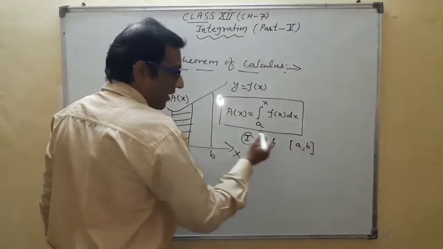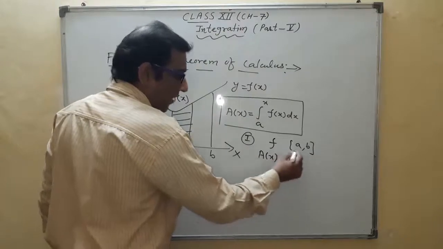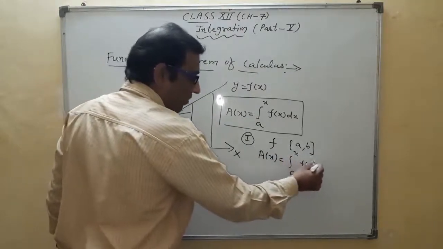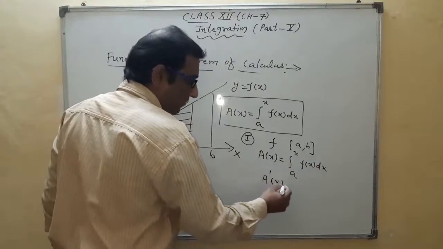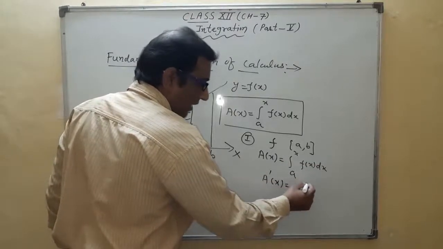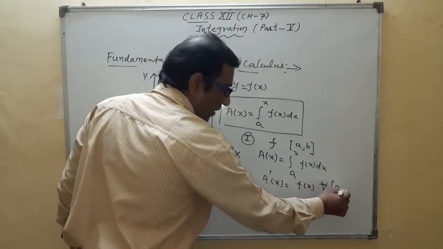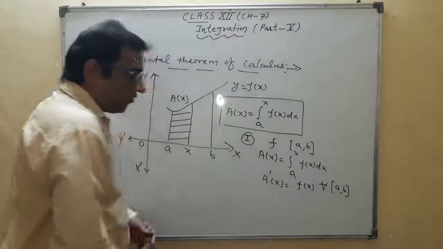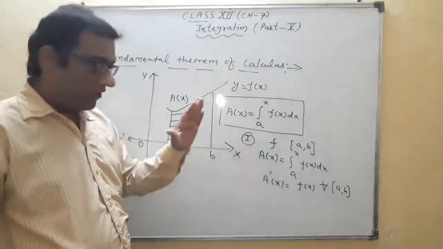Then the area function is given by the integral from a to x of f(x) dx, and when we differentiate it, it becomes f(x) for all x in [a, b]. This is the concept of the first fundamental theorem of calculus.